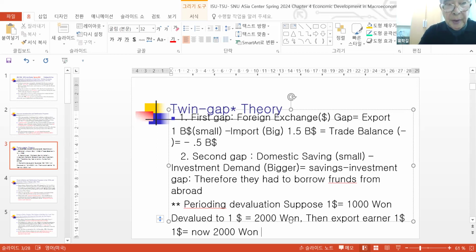So exporters gain, importers lose. Why? Devaluation.